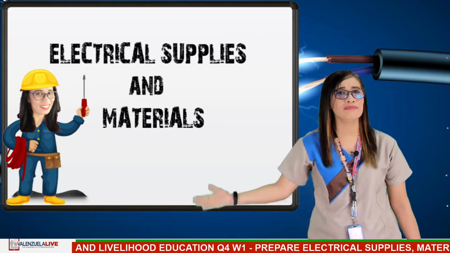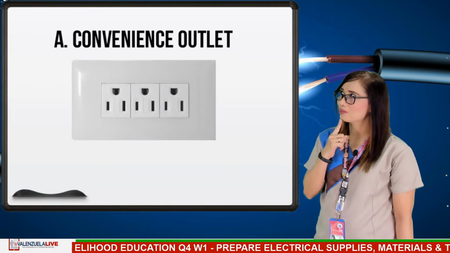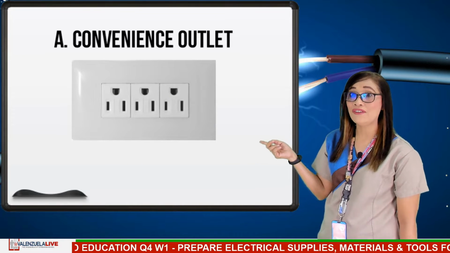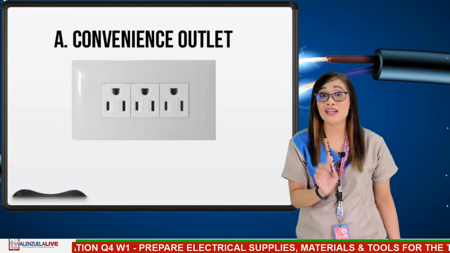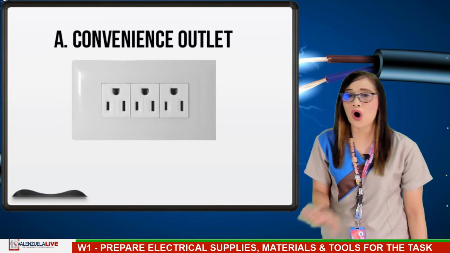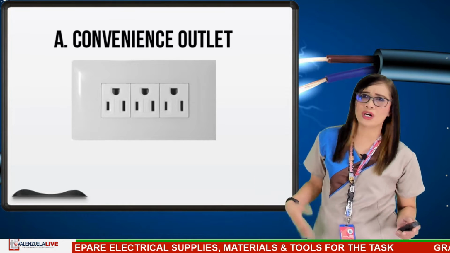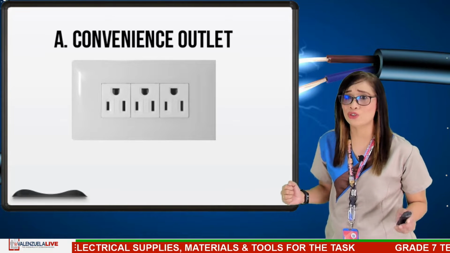First, we'll have the convenience outlet. This is a device that acts as a convenient source of electrical energy for current-consuming appliances.